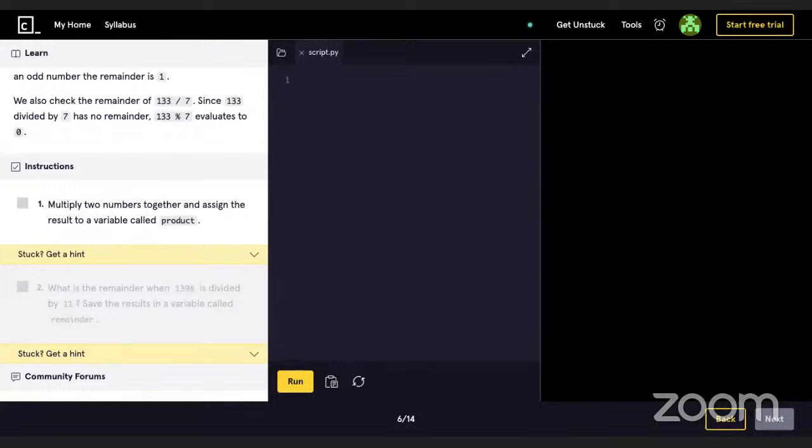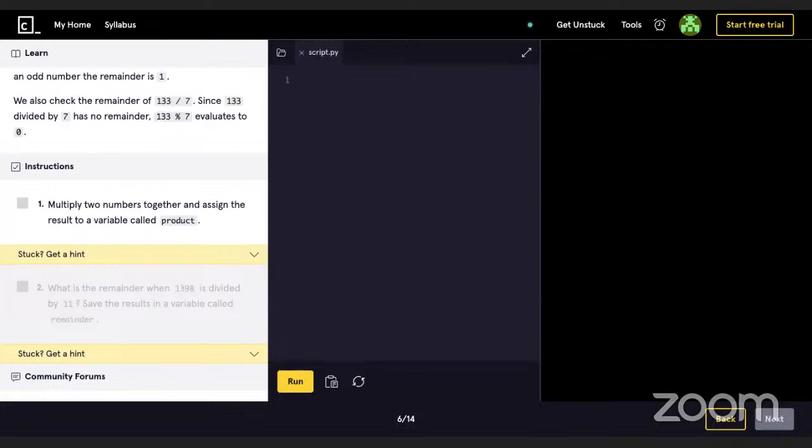So what you have to do is put a number. It says multiply two numbers. If you want to multiply, you have to use the mark that goes like this.